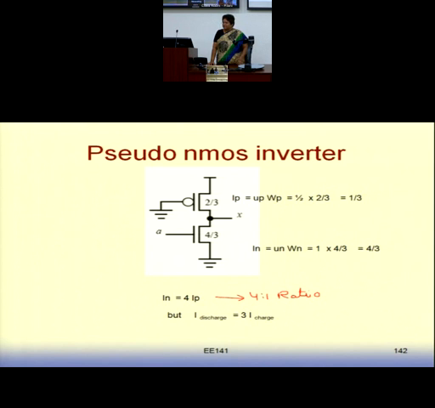Because your choice is such, 2/3 and 4/3. If I desire a 1:4, I should have taken another value. Can you give me one value which can lead to 1:4 pull up to pull down? One choice of values for which the pull down to pull up, or discharge to charge ratio, is 4:1.